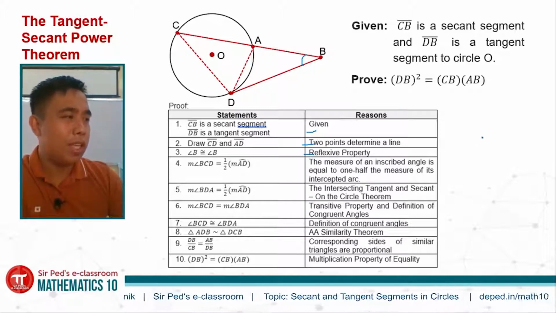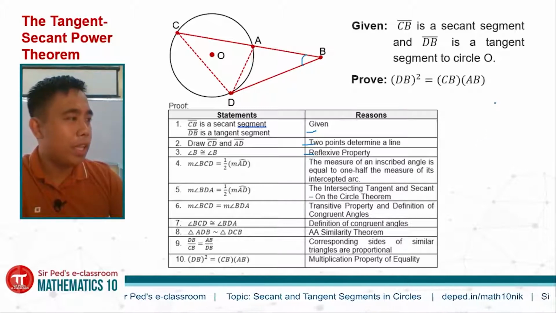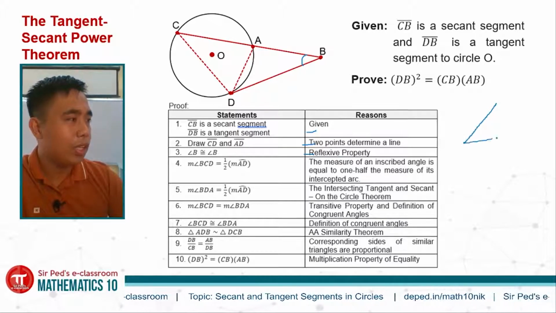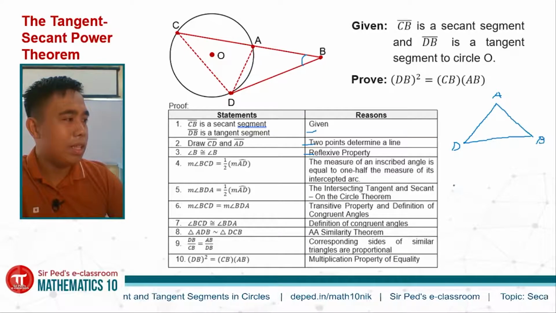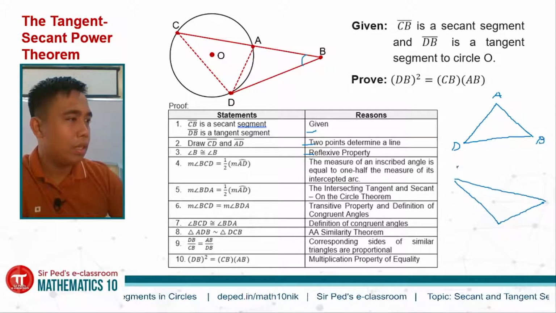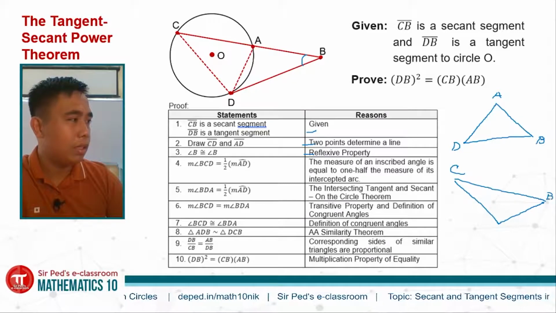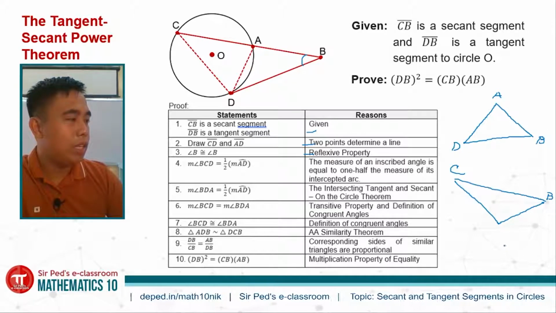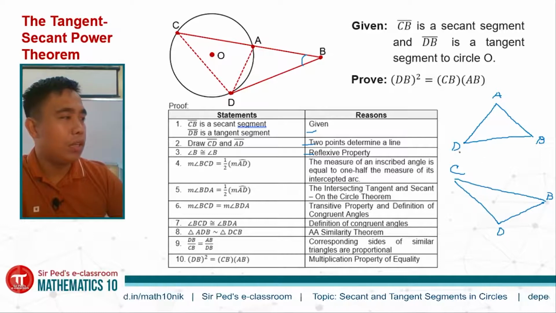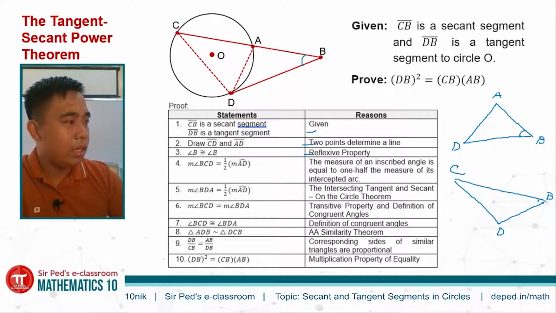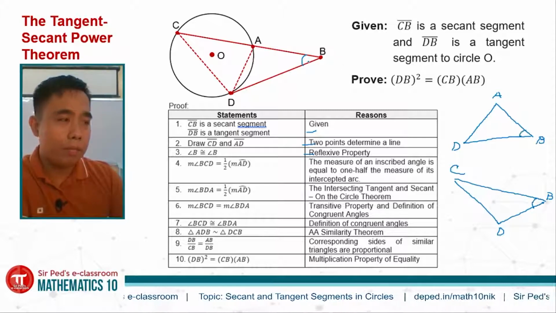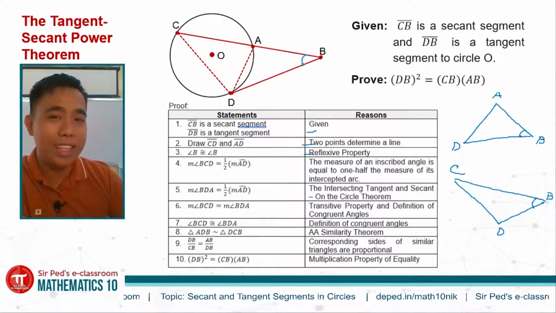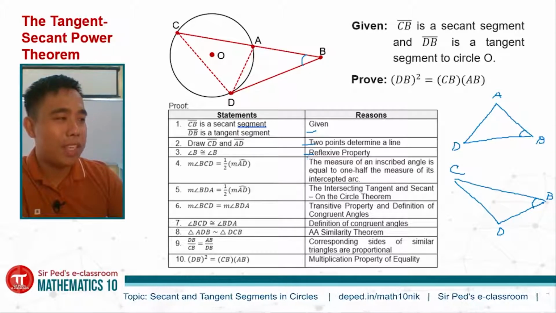What I said earlier is that we're going to prove that triangle ADB is similar to triangle DCB. So, angle B is congruent to angle B. That means it is just itself, so that is reflexive property.